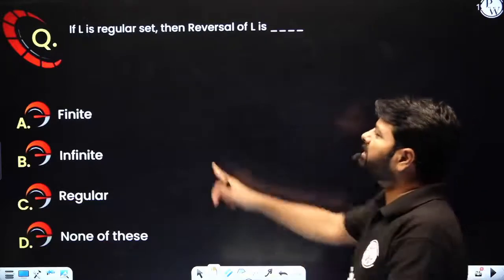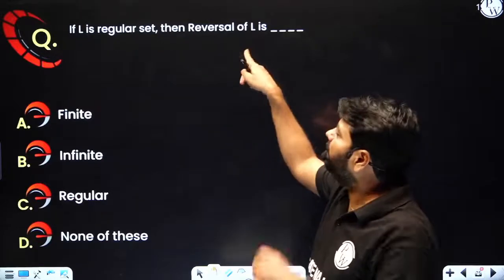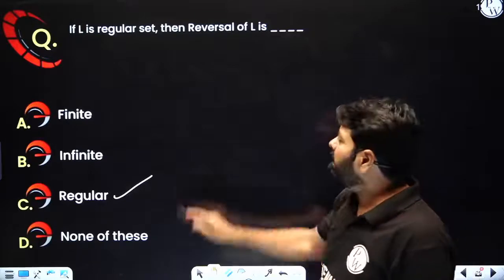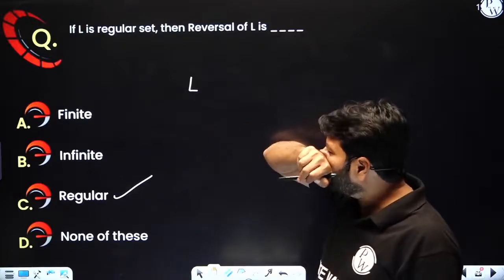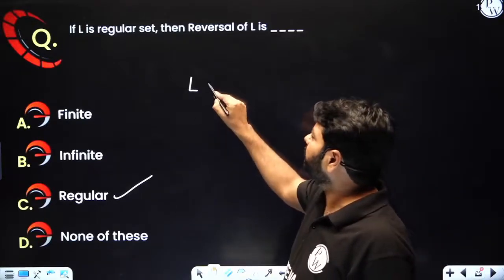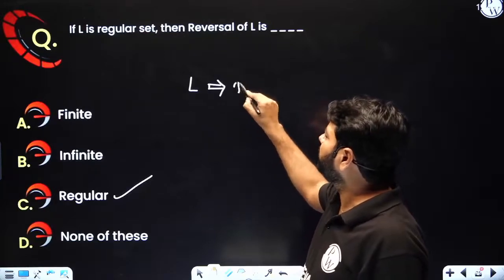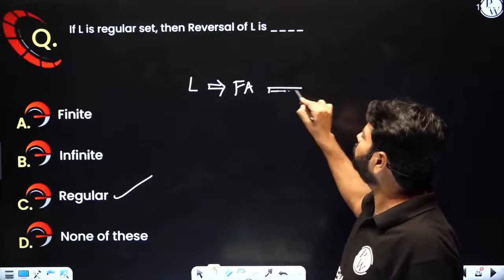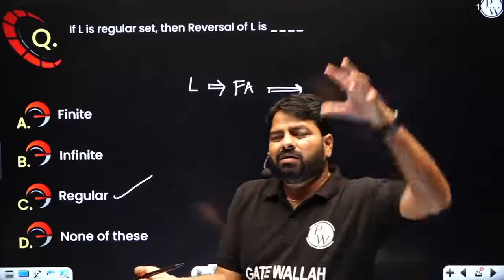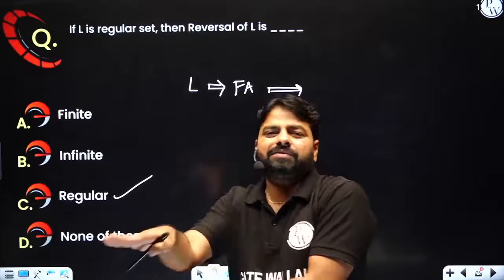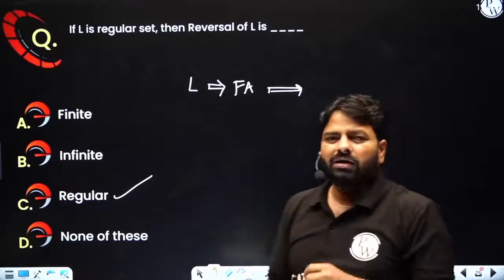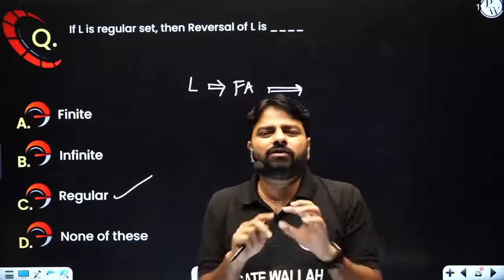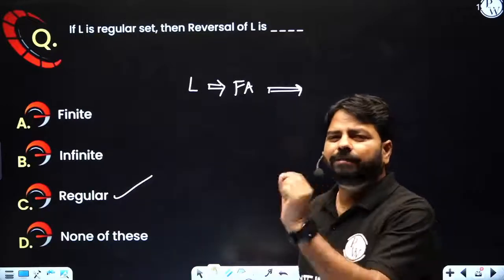Next, if L is regular, then the reversal of L is also regular without any doubt. We have an algorithm. If L has, let's say, a finite automaton, do some changes to get a new finite automaton that accepts the reversal of L. Always guarantee you have one initial and one final, using epsilon moves.